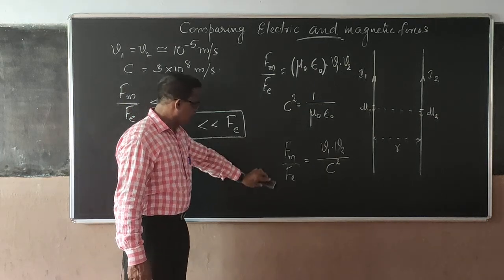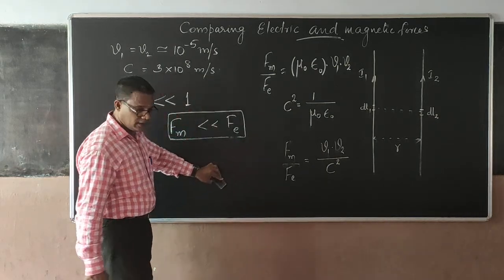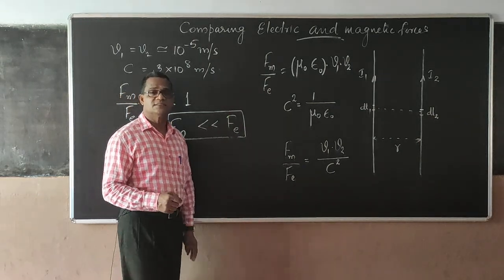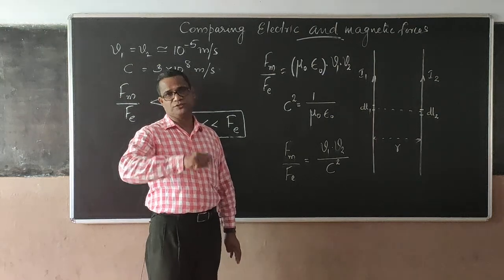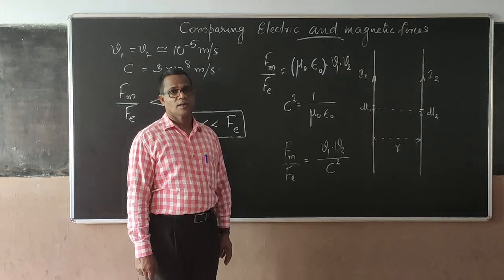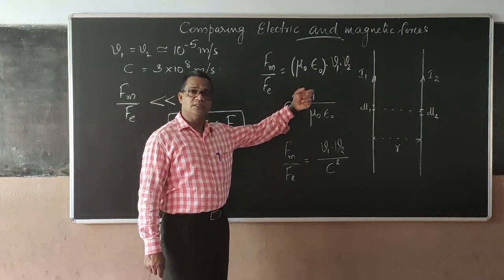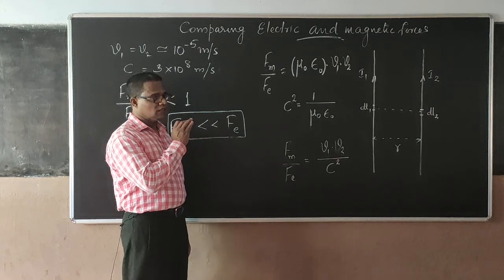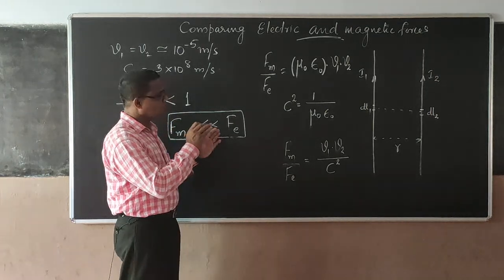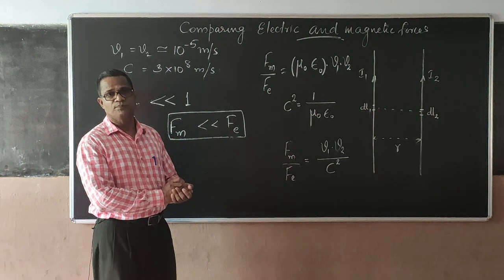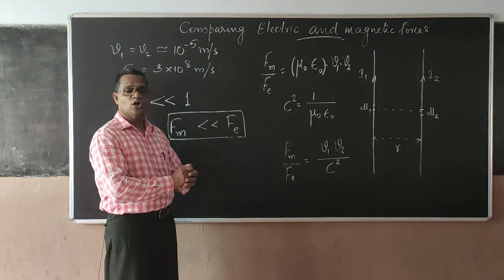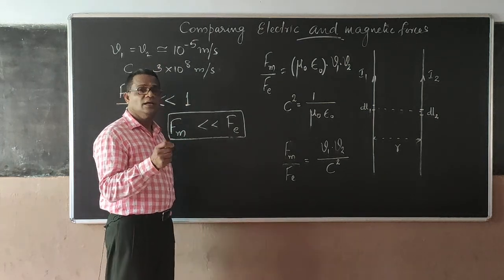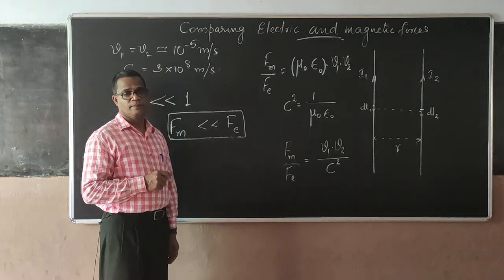The first point is that a current carrying conductor is not charged. Even though current is flowing through the conductors, charge neutrality is not affected. So effectively the conductors are not charged, and therefore the electric force does not exist between them.